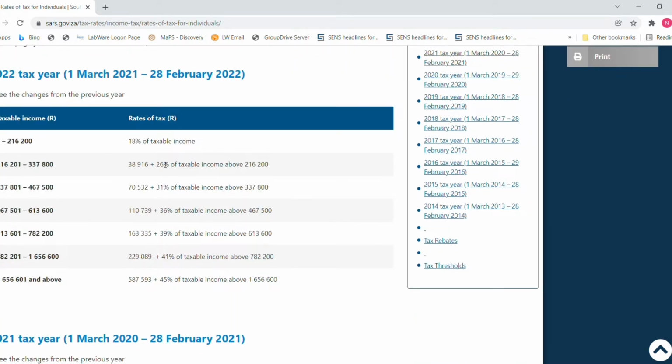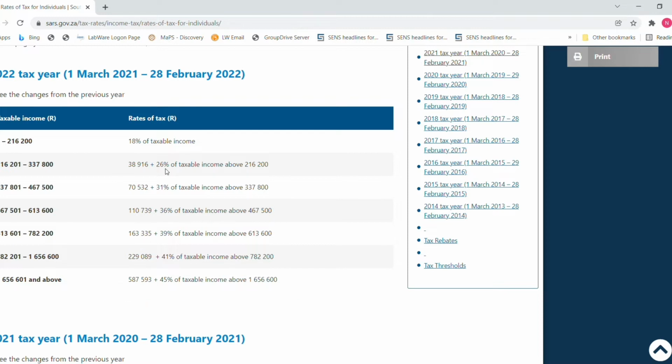So let's say you're earning 250,000 Rand a year and you contribute 10% of your annual income to your retirement annuity, which is 25,000 Rand. Your rebate will be 25,000 Rand times 26%. That gives you 6,500 Rand. So SARS will give you a rebate of 6,500.